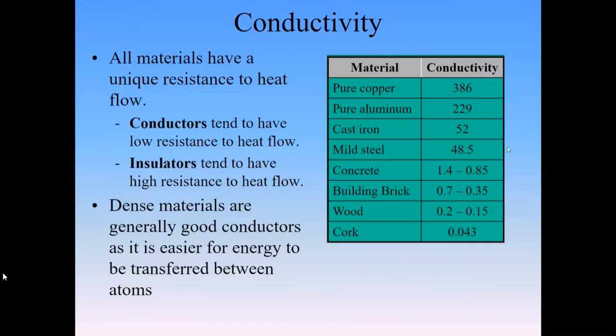So things that are good conductors have a high conductivity value, copper, aluminum, for instance, and things that have low conductivity, concrete, wood, for instance, don't transfer very much heat through conduction. So if we were to have a heat exchanger and we wanted to promote exchanges of heat, generally they're going to be made out of metals, and we try to maximize our conductivity.